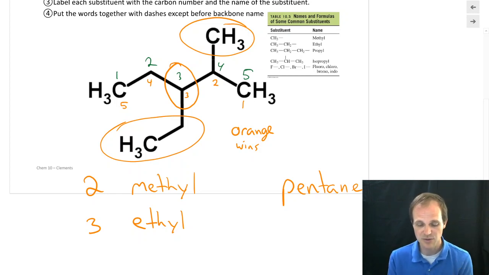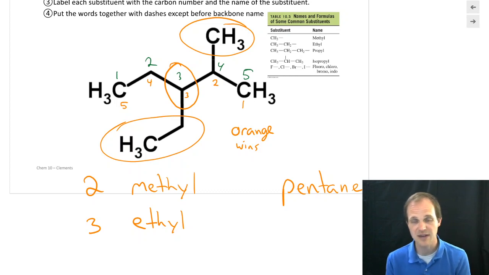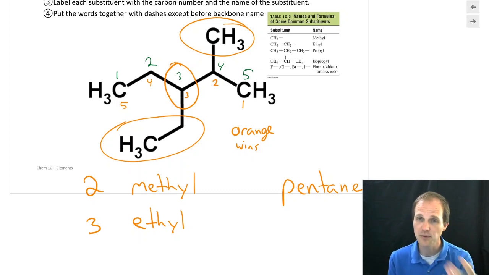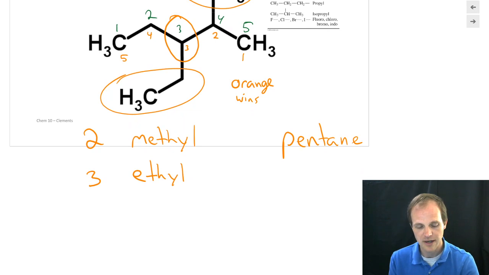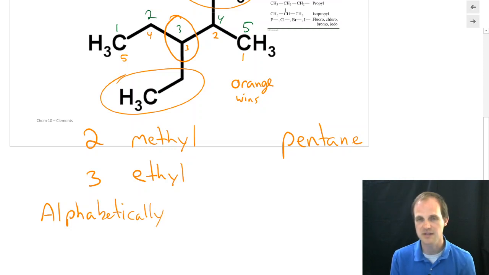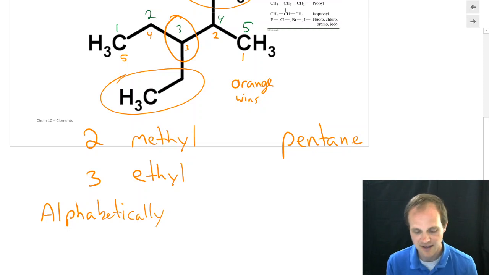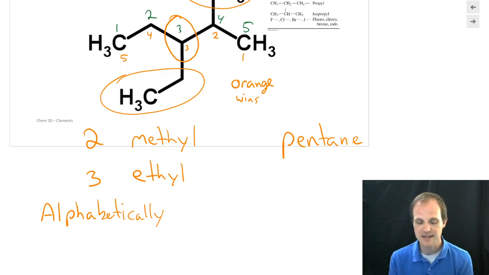Now we have to decide, how are we going to put this together? Are we going to call it 2-methyl 3-ethyl, or are we going to call it 3-ethyl 2-methyl? It turns out when we're putting them together, we go not numerically, but alphabetically. I didn't make up these rules. If I made up the rules, I would have gone numerically, but I'm sure there's a good reason that we don't. So we're not going to say 2-methyl first.